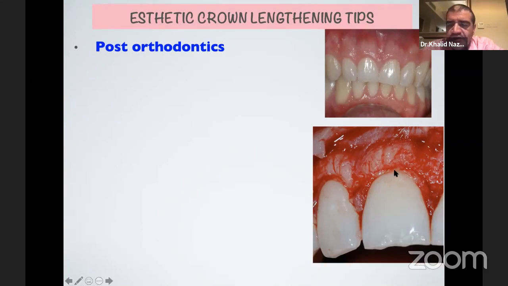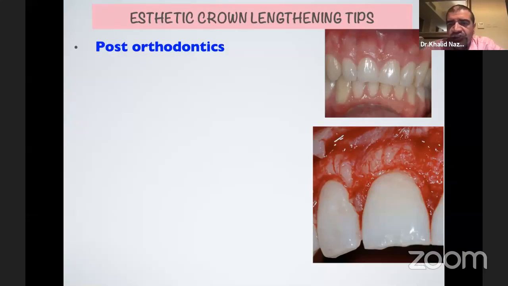This should tell you that simple gingivoplasty, gingivectomy, or whatever soft tissue modification alone is not going to be enough to give this patient a good long-term aesthetic outcome. So most of the post-orthodontic cases that I do end up with osseous surgery.